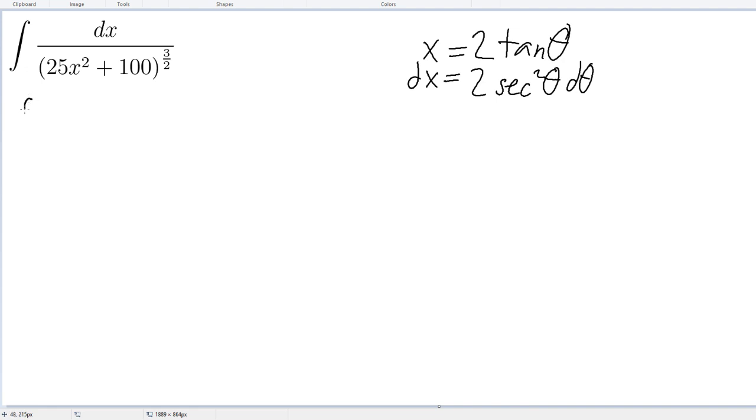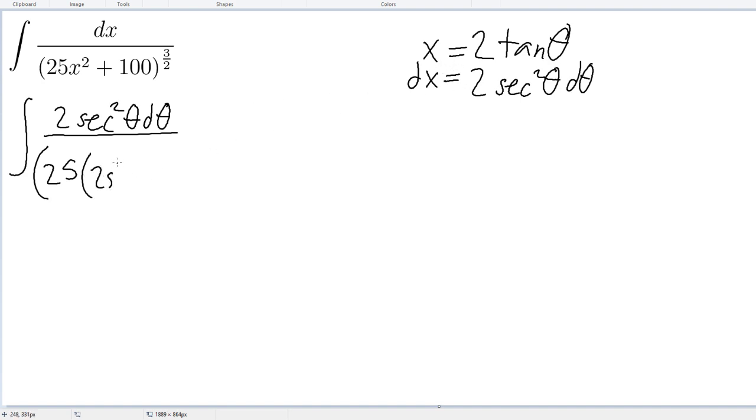So now let's go ahead and set this up. dx is 2 secant square theta d theta. And then here, don't worry about this power. I know it's bugging you, but don't worry about it for now. We have 25 times 2 tan theta squared plus 100.